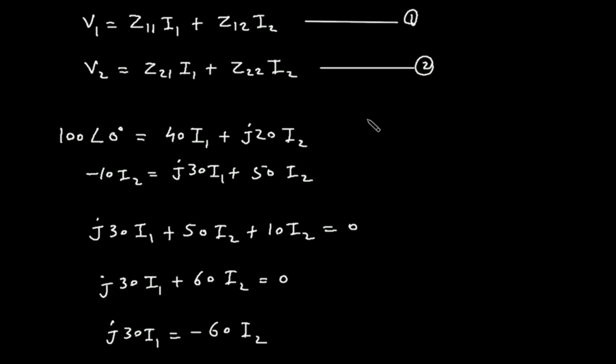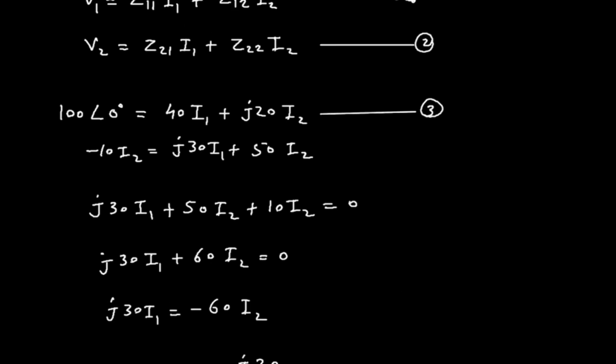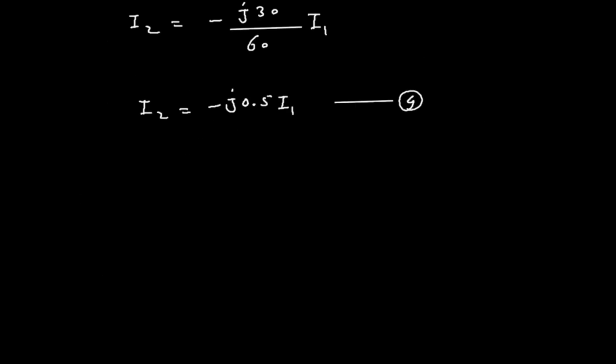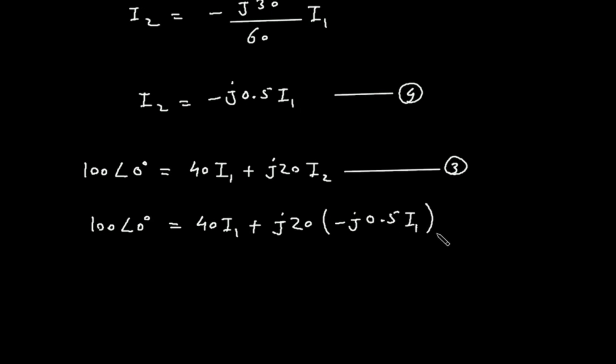Next, let's say this is equation number 3 and this is equation number 4. So, now we will solve equation number 3. From equation number 3, if we substitute I2 is equal to this value, then this will be 100 at an angle of 0 degree is equal to 40 I1 plus j20. The value for I2 is minus j 0.5 I1.